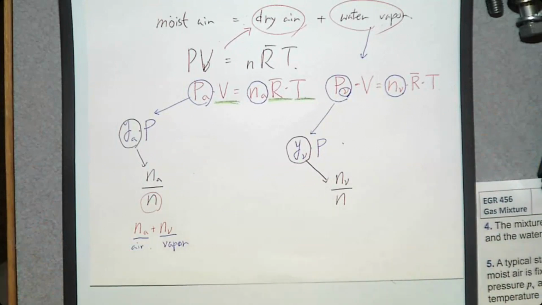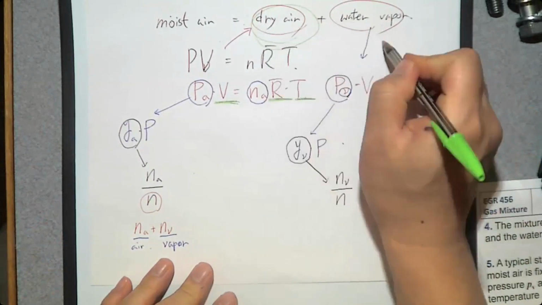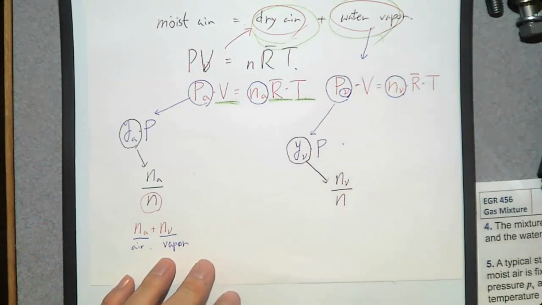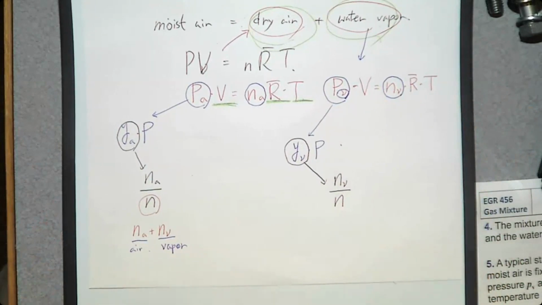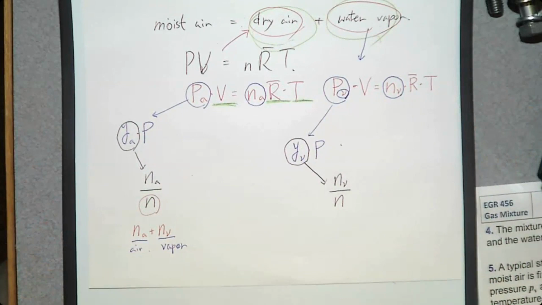Since it is a mixture of dry air and water vapor, the ratio between dry air and water vapor is going to be the key to analyze the properties of this water vapor.